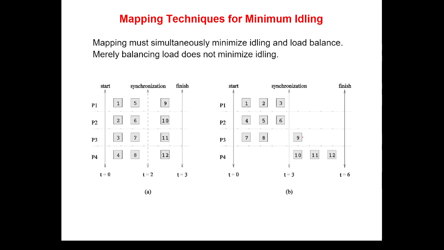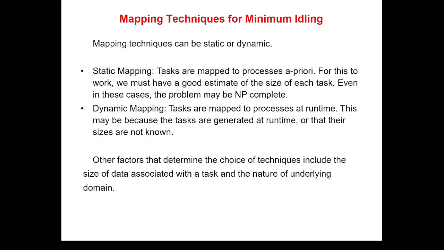Tetapi apa yang terjadi pada P3, dia berlaku idle pada masa lebih kurang T2, dan P4 pula idle pada masa 0 tu sebelum masa ketiga, sebab dia ambil synchronization, so berlaku idling kat sini, kat sini dan kat sini. So contoh lah di mana balance ini tak meet the minimum idling tu.